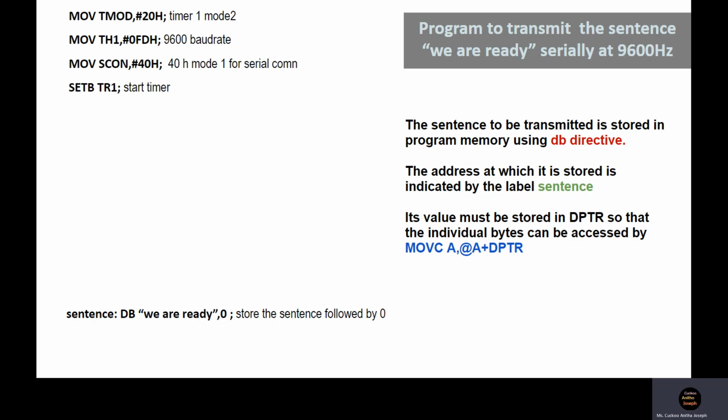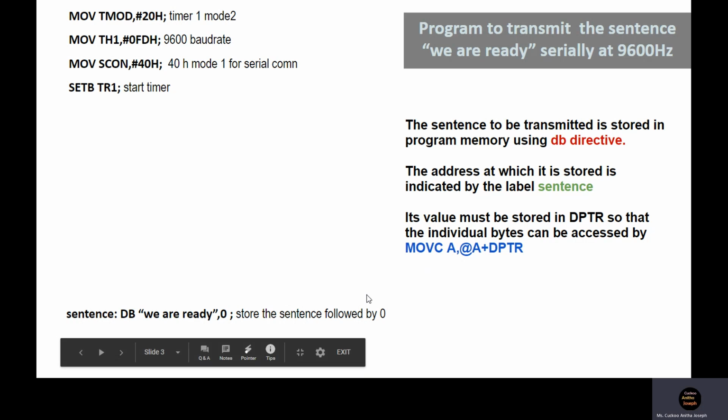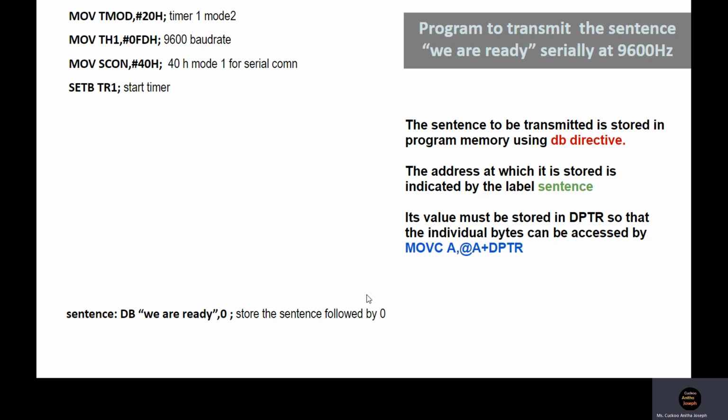Now look at the sentence given in the bottom portion of the code. Here sentence is a label, and at that label we have used the DB directive. After the DB directive, we have given the sentence in double quotes followed by 0.